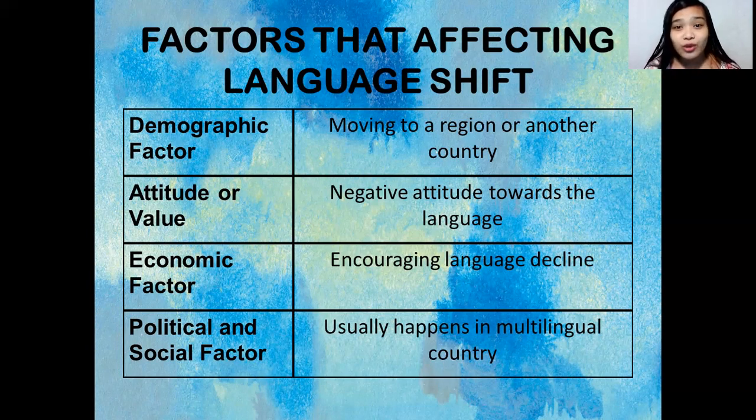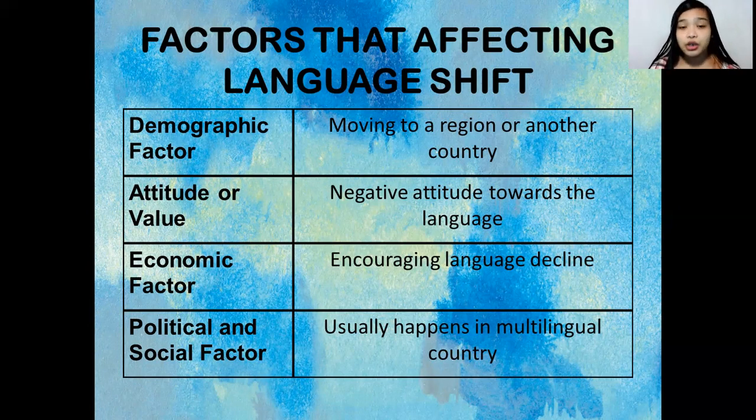Using English, we are able to communicate with other people, other countries. So the Gaelic language in Scotland was being shifted or abandoned by the people. They are currently using the English language at the moment.